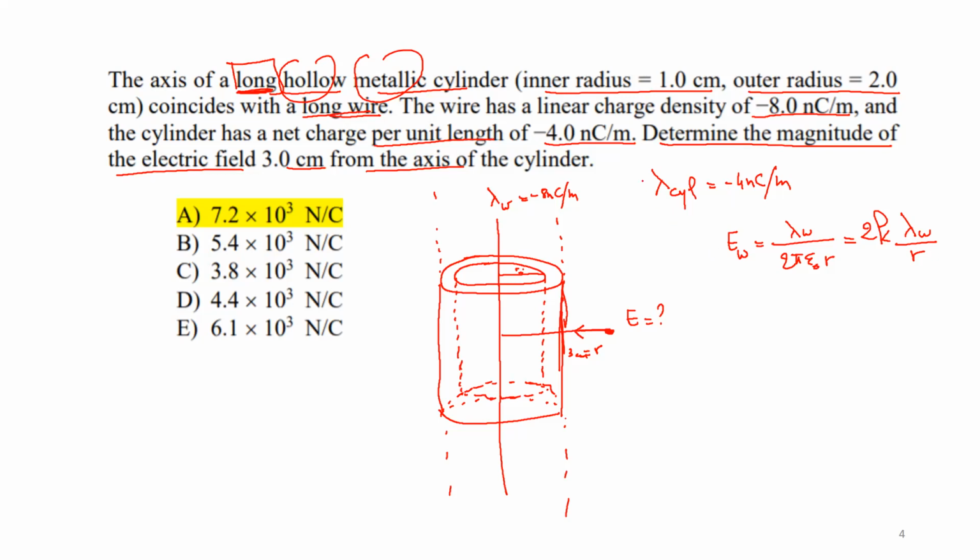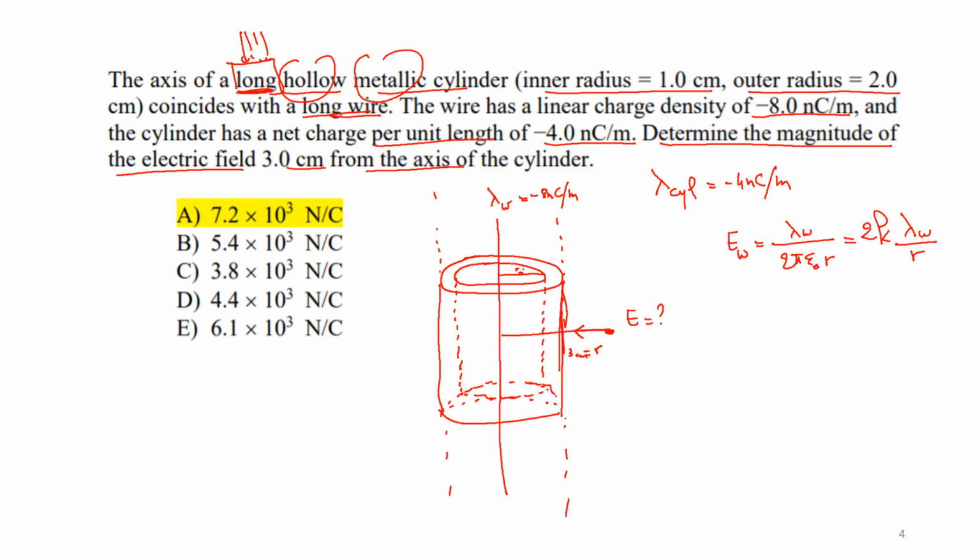Now, for my cylinder, it's a hollow metallic cylinder, and it's long. This has its importance. By long, I mean I can consider it as a wire as well. So this long, hollow metallic cylinder, which is very long, can be considered as a wire, like a shell.